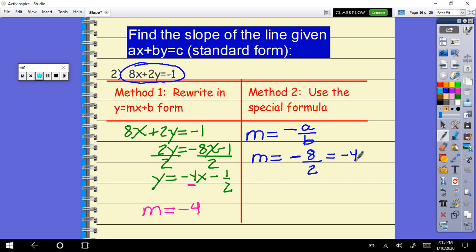Now look, I want to show you something that will also help you. Notice that 8 and 2 were both positive, but the slope turned out negative. So I'm trying to show you if the signs of A and B are the same here, you'll have a negative in your slope. Look at the previous problem.